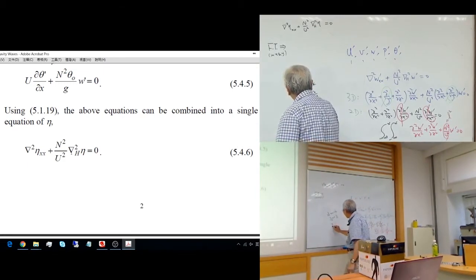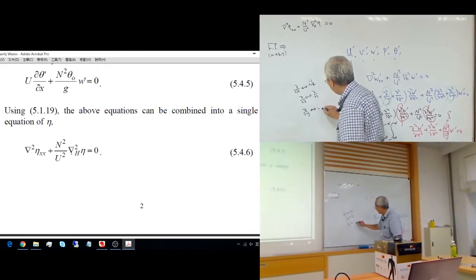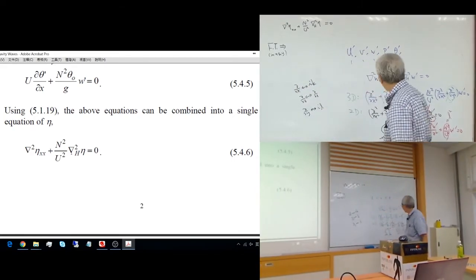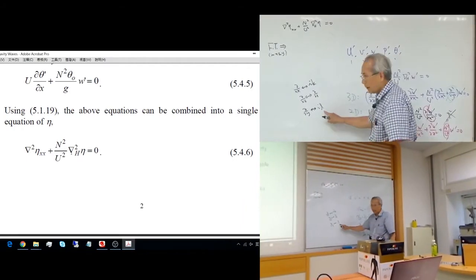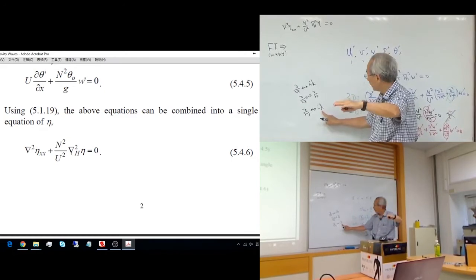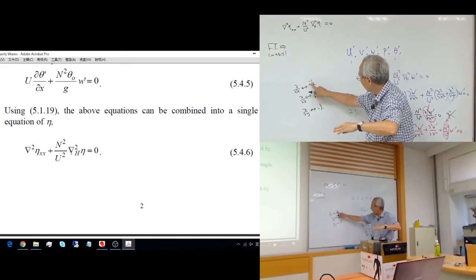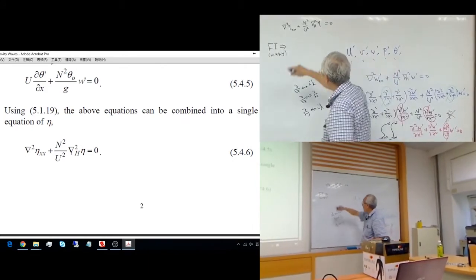Partial y corresponds to il. This l is different from the previous l. This is the y wave number, and k is the x wave number. So that's pretty easy, right?